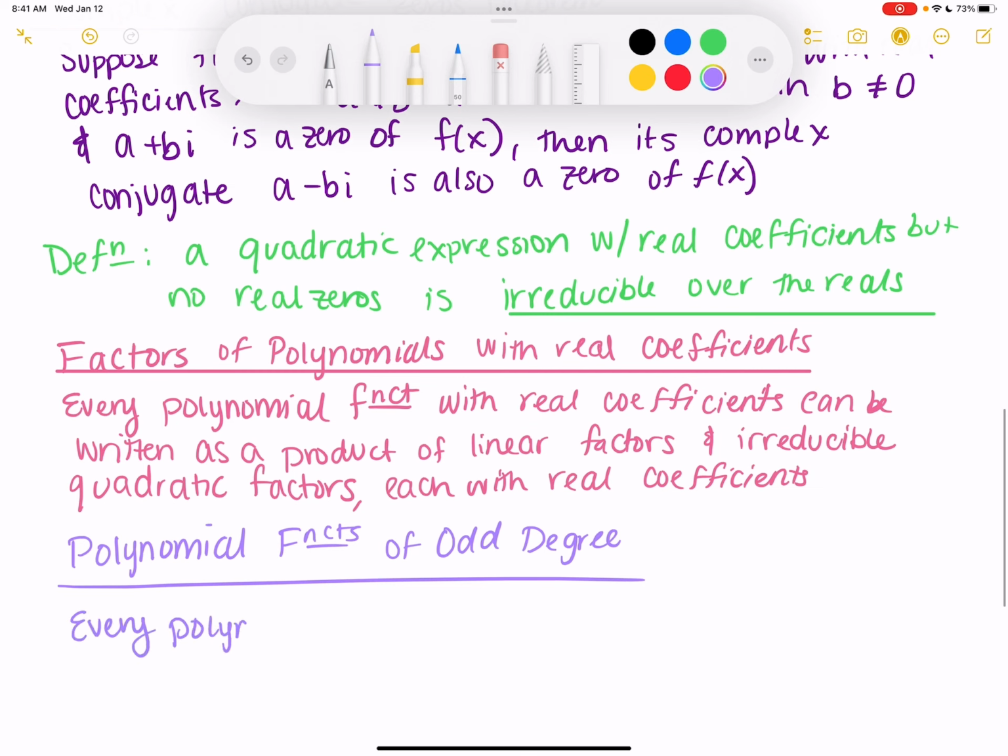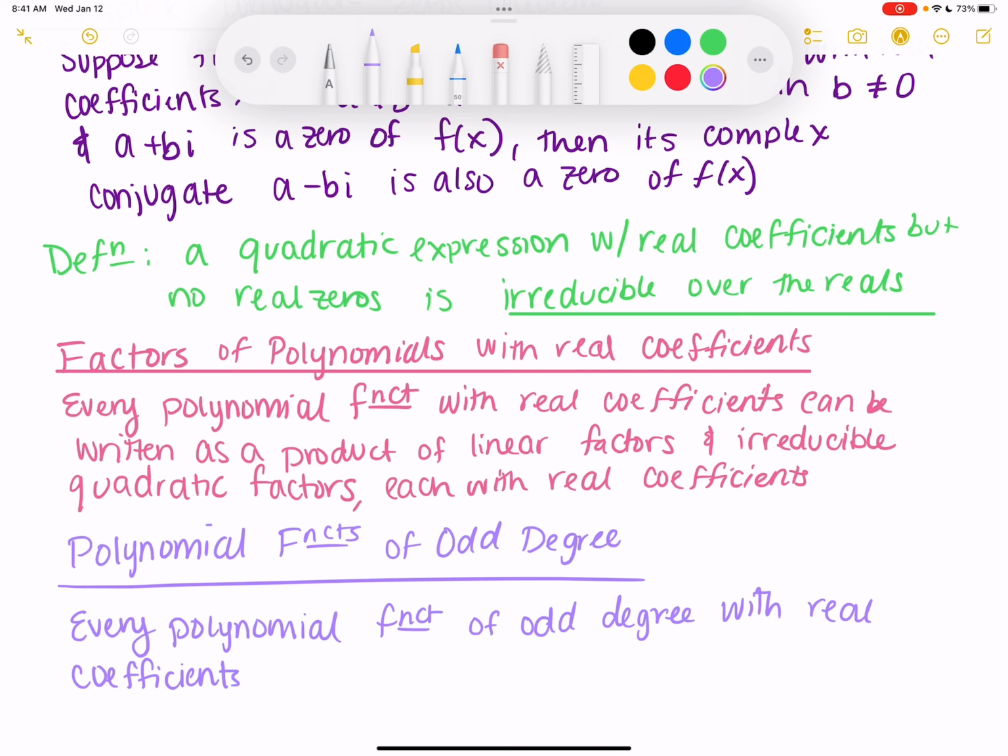Every polynomial function of odd degree with real coefficients has at least one real zero.